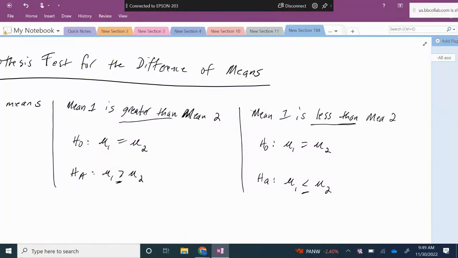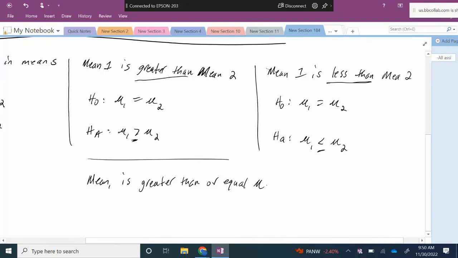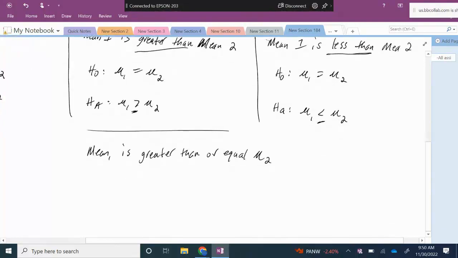In some instances you may be given two more scenarios. Mean 1 is greater than or equal to mean 2.